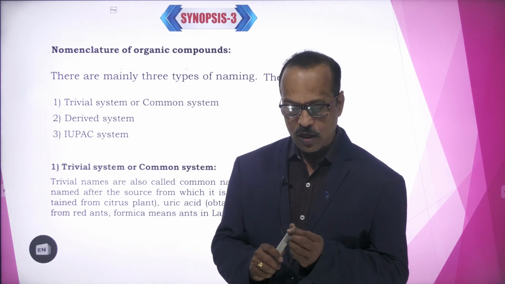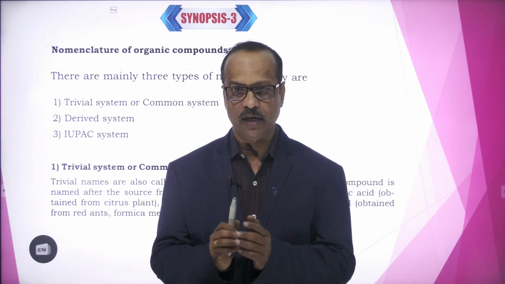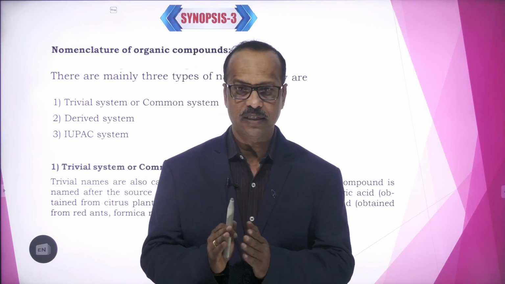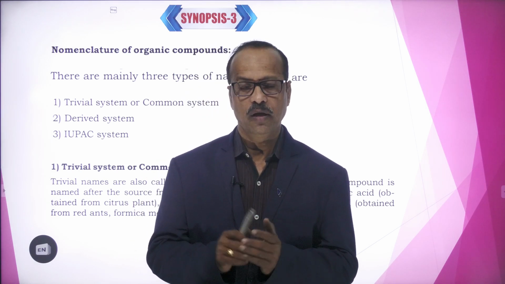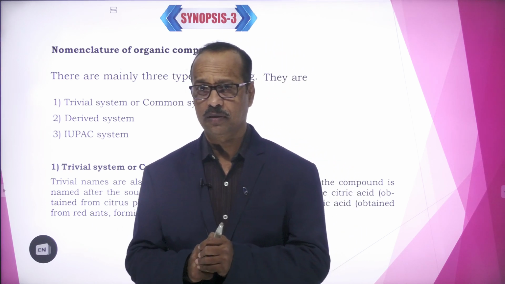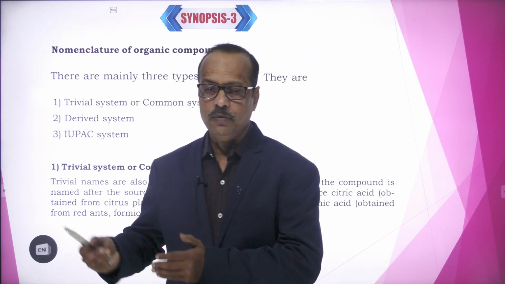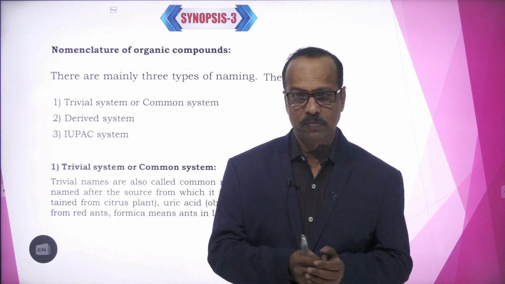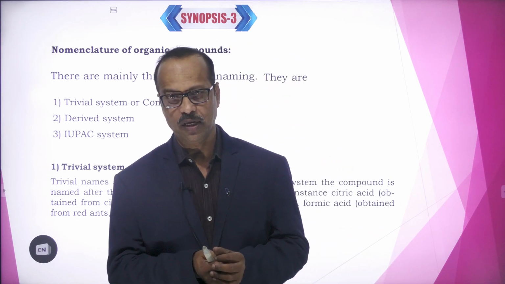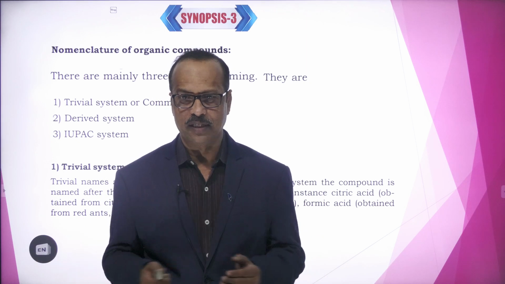Right, students? Giving the name to organic compounds is called nomenclature. So how can we give the names? Generally, when a child is born in a house, the parents give the name, and they consider many things.